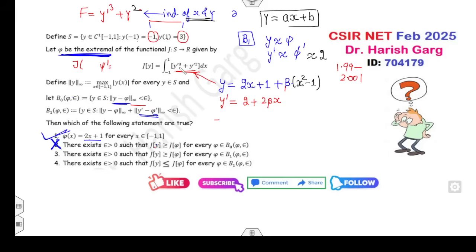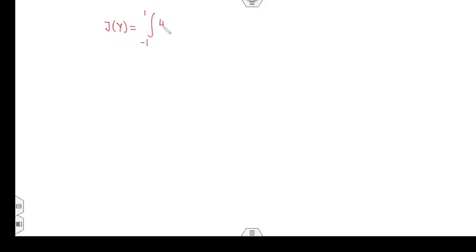So j of y is 1 to -1. It is cube and square. And the value of, I can write as a 2 is outside, 1 plus beta x. So I can take it as 2 cube. Okay, पहले मैं लिख लेता हूँ. It's a y dash plus y dash square. Okay, y dash will be my twice of 1 plus beta x.